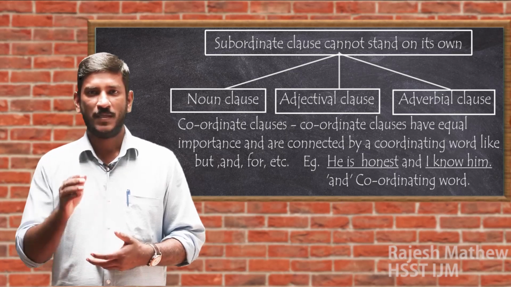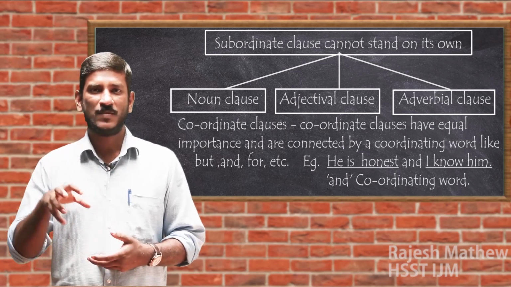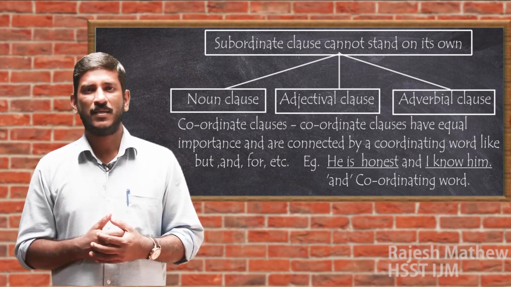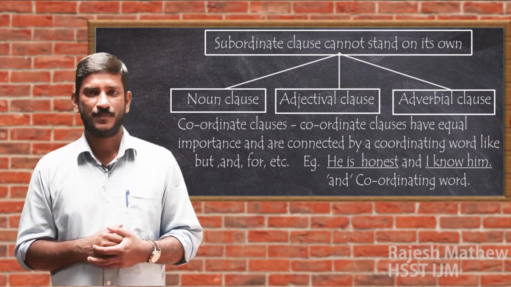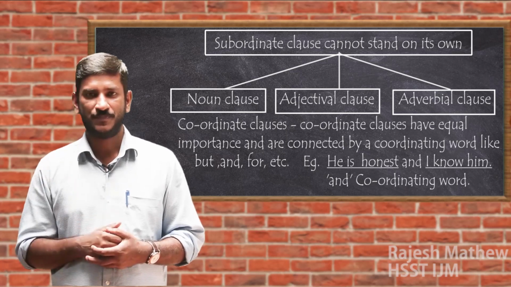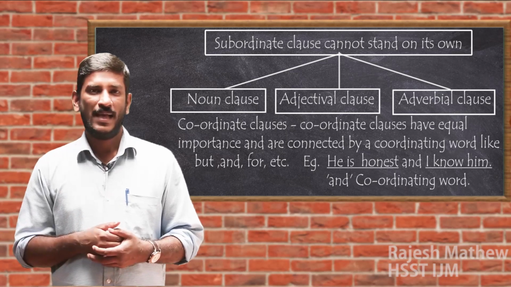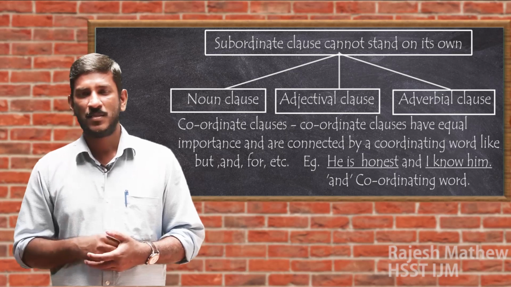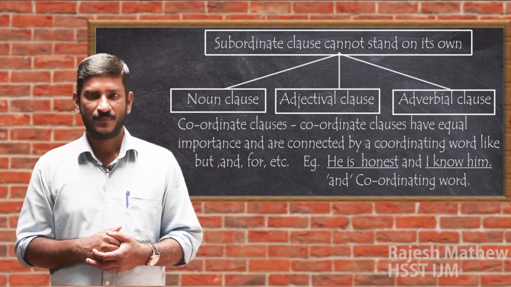The two clauses, he is honest and I know him, both have the same importance and they are connected by a coordinating word, and such clauses are called coordinate clauses.